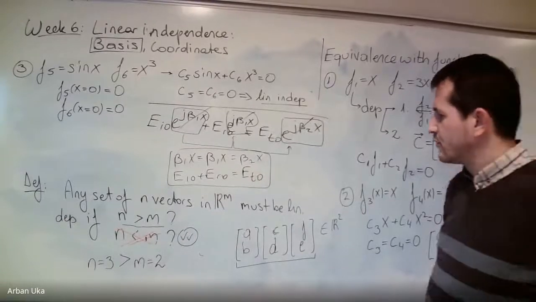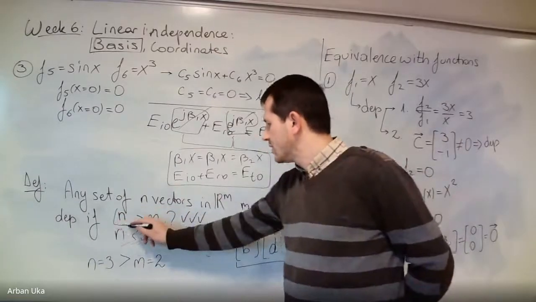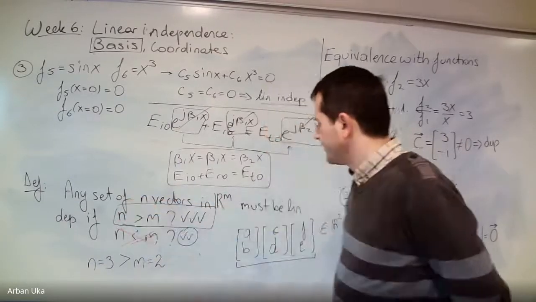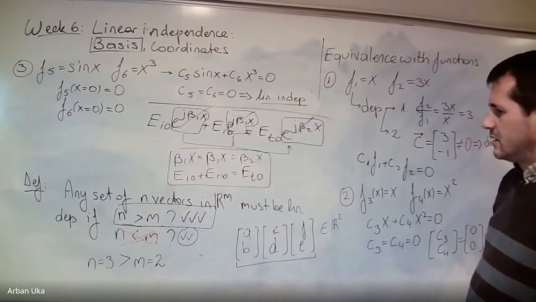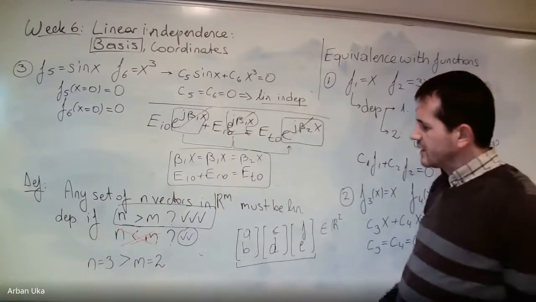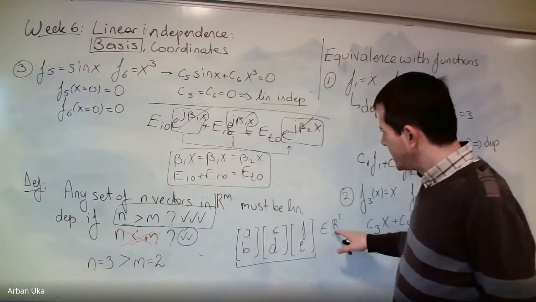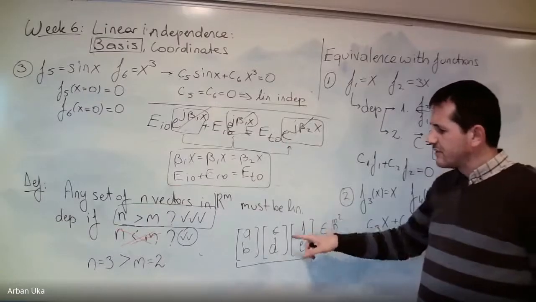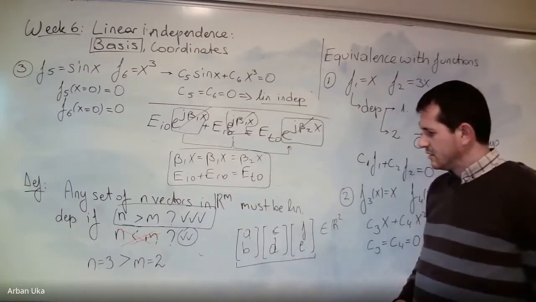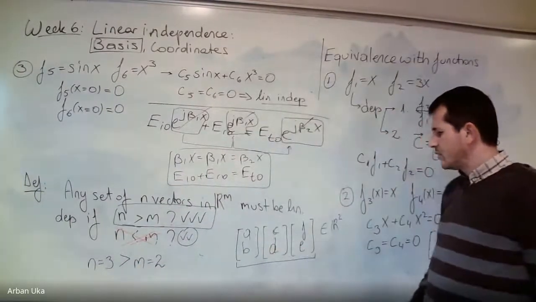You can think about this one for a moment, but to many of us in the class, this might look like a more correct answer. Would you agree with this? No. Okay. So we have to think about it, but would you agree with this case? So A, B, C, D, and F, E, they are members of R squared, right? Yes. Now, if we have 3 vectors, which means n is 3, are these linearly dependent or independent?